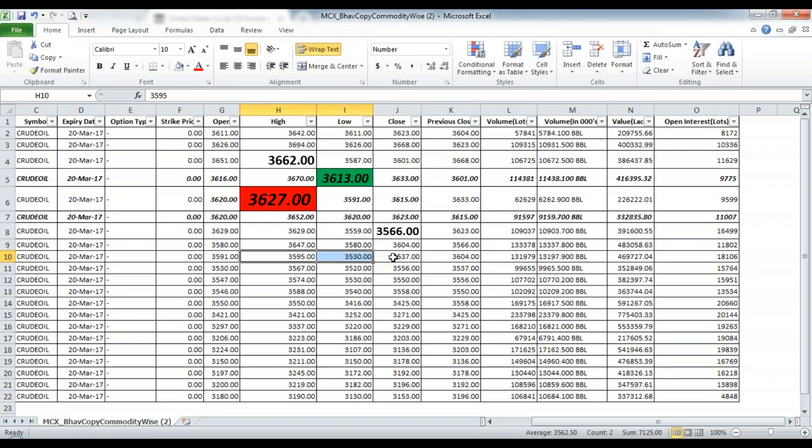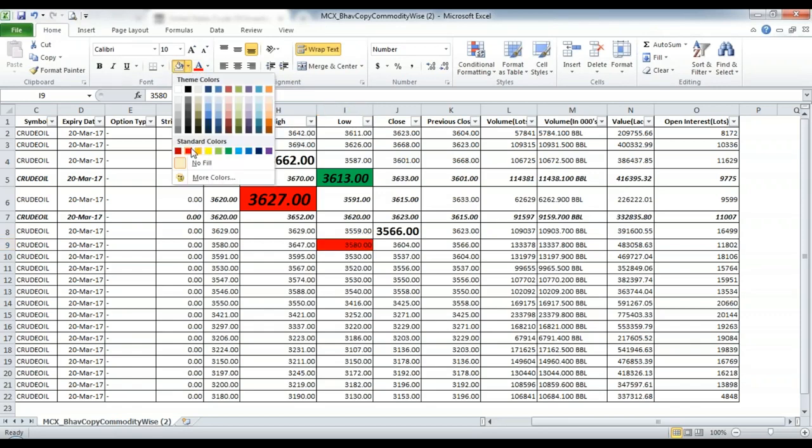When it got into a trend, this time again it's a selling. So when it got into a trend, this 3580, did it try going above this and came back and closed below this? Yes, sir.